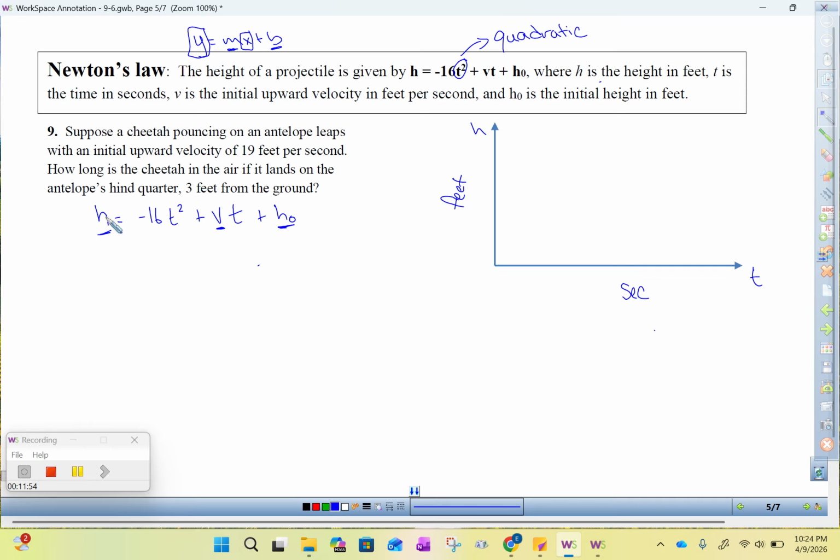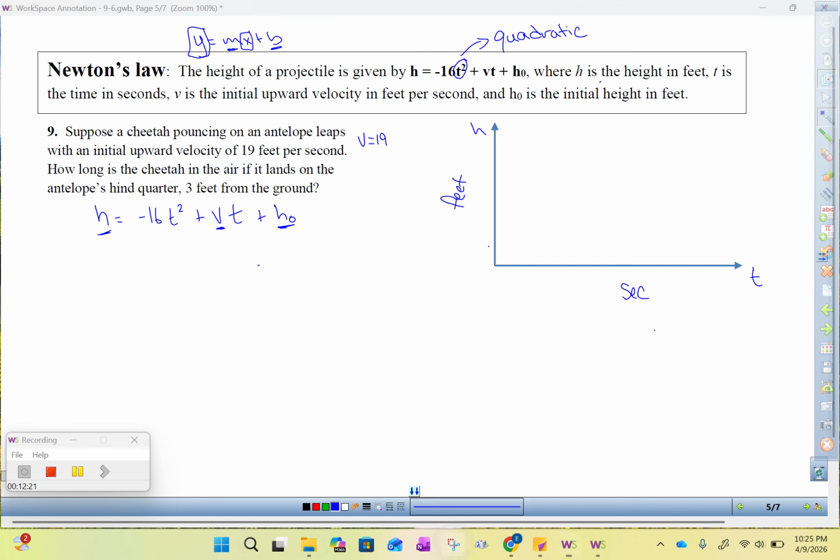This h is acting as our y, but in the case of solving equations, we're going to know that value. Going back to the problem, it said the initial upward velocity is 19, so they tell us v is 19. Then it says, how long is the cheetah in the air if it lands on the antelope's hindquarter 3 feet from the ground?